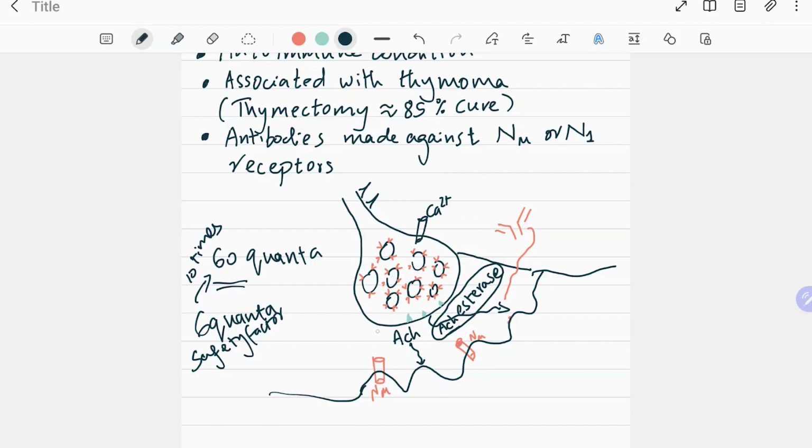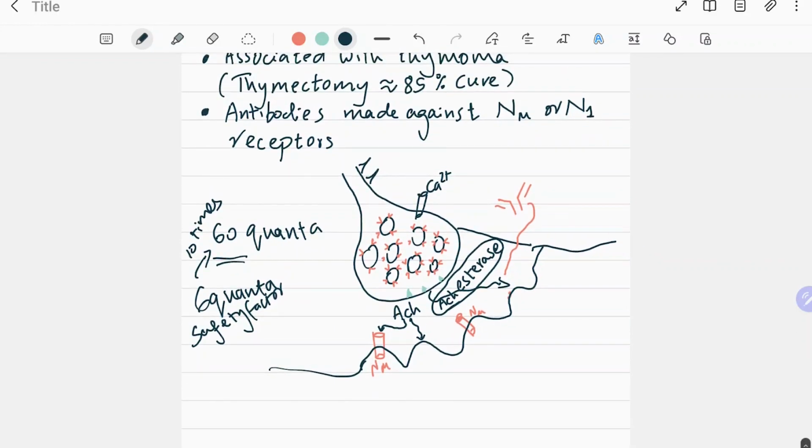So it takes time for it to find the molecules. The ligand has to take time to bind to the receptor over here. It will take time to find this place, and there won't be enough number of receptors.